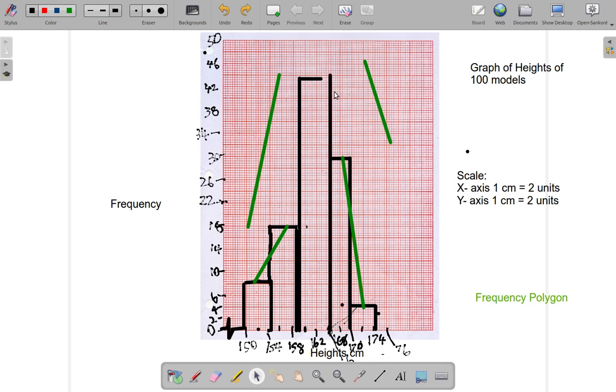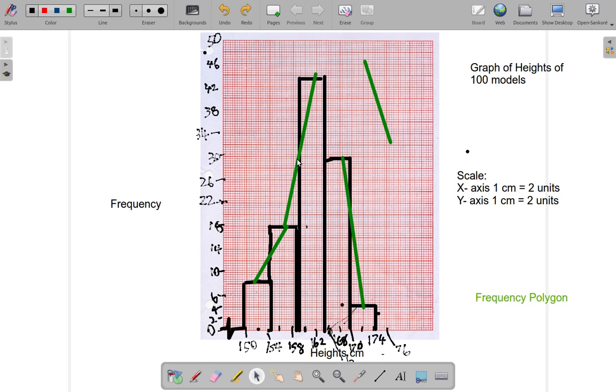Okay. Just want to make sure that the bars are of equal width. I have to be very careful when drawing these things so that you don't make a mistake. So 1, 2, 3.